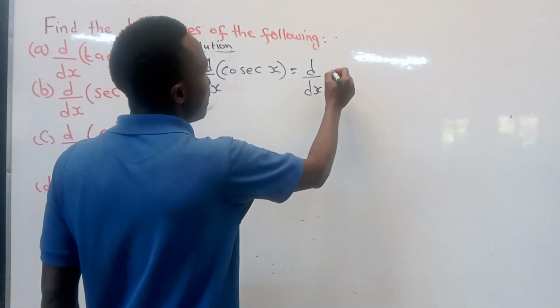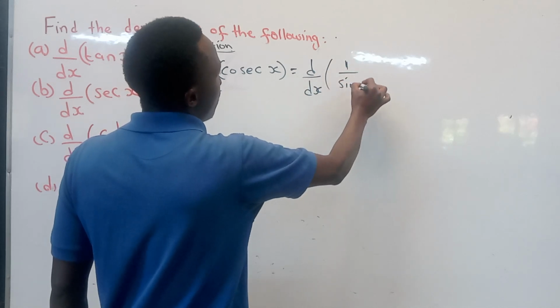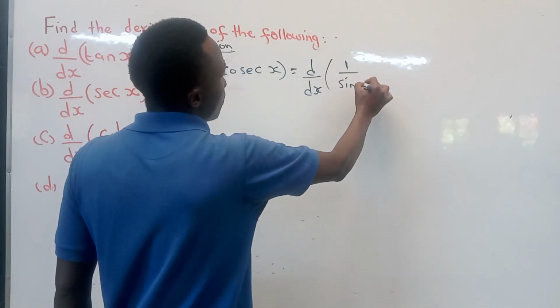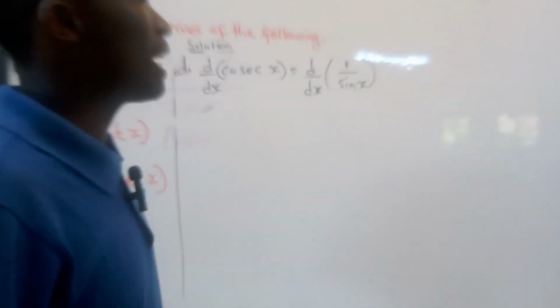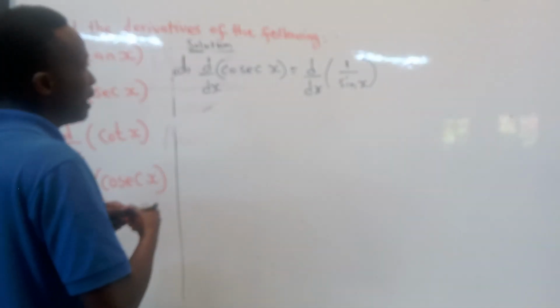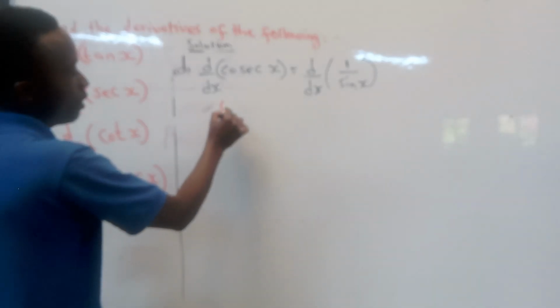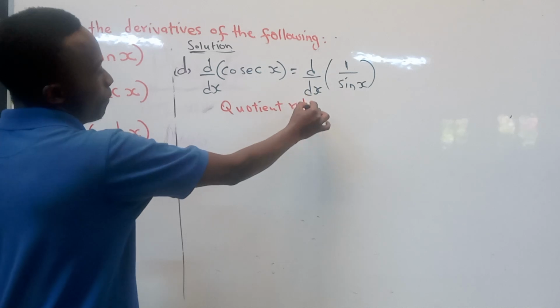So this simply means it is the same as 1 over sine of x. That is the cosec. Therefore, we are still going to apply the quotient rule.